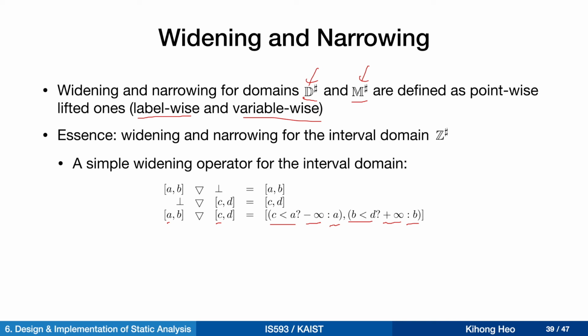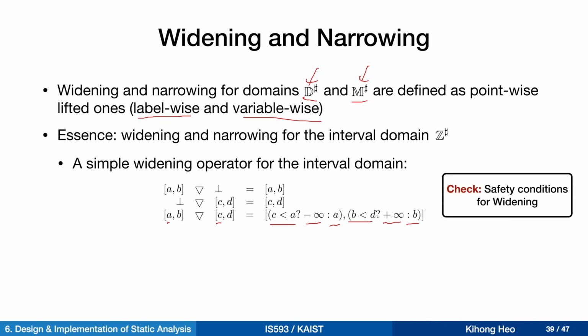Okay, then let's simply check that this widening operator satisfies the widening safety conditions. First, as you can see, the result of this widening operator is always larger than the join of two operands, right?